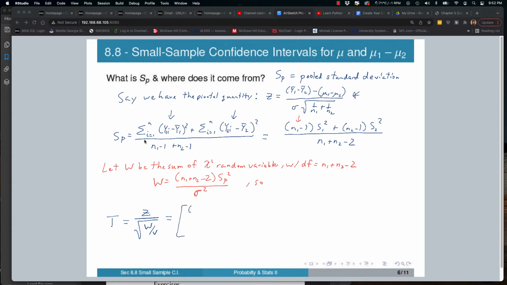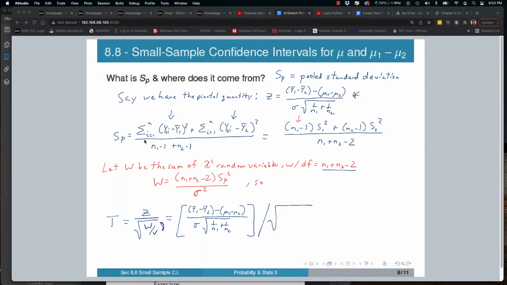So we just have y bar sub 1 minus y bar sub 2 minus mu sub 1 minus mu sub 2, all divided by sigma times the square root of 1 over n sub 1 plus 1 over n sub 2, and that's our numerator. That's all going to be divided by the square root. If I combine these two terms together, nu is the degrees of freedom that we see here. So it's like multiplying or dividing by that degrees of freedom.